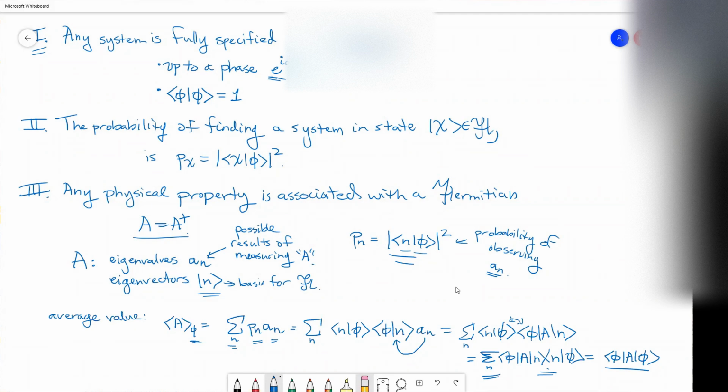And in some sense, you might wonder, where does a Hilbert space even come from? Well, one way to think about it is, say you're interested in measuring something about a system or knowing something about a system. The fundamental thing is, of course, the operator associated with that property.